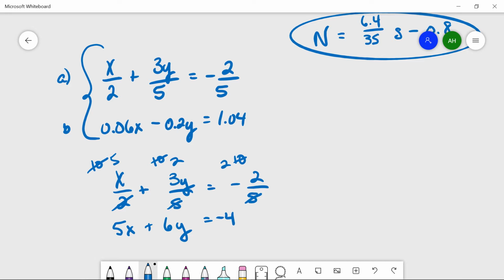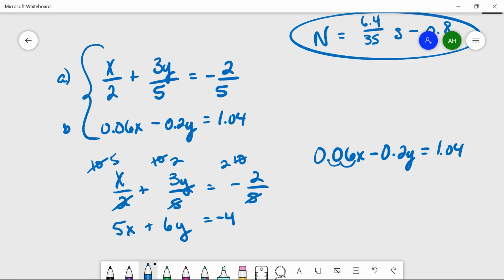All right, let's look at this other equation that I have here, this 0.06x minus 0.2y equals 1.04. I need to move my decimal point. Okay, this is going to be my smallest number here, this 0.06. I'm moving it 2 spaces, basically multiplying it by 100.